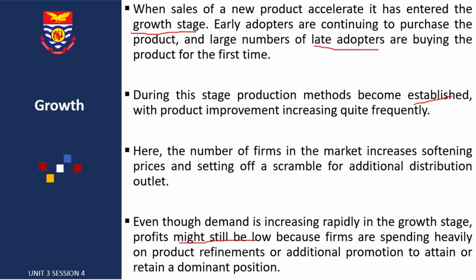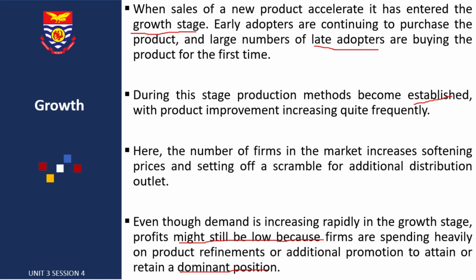It might still be low because the firm will plow back the profits, as in the firm will reinvest the profits into the business in order to spend it heavily on product refinement to come up with a better product or add additional promotional activity in order to attain or retain a dominant position in the market.